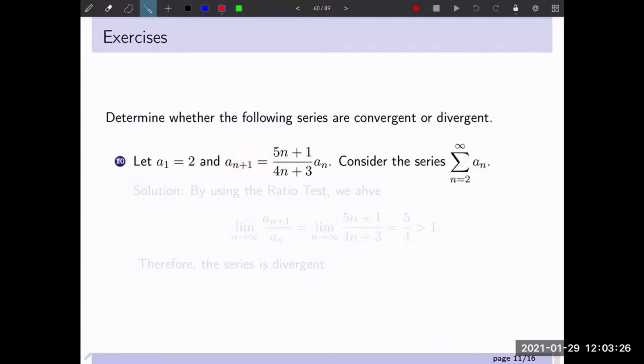You are given a relation between the next term and the current term, but by using this relation, it's difficult to find the expression of an.